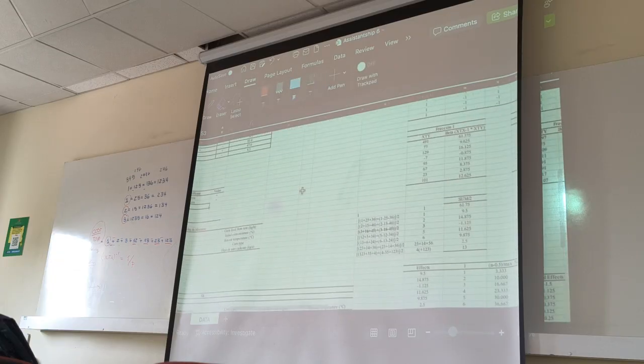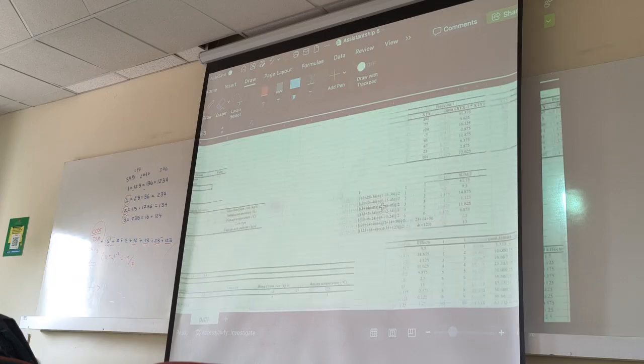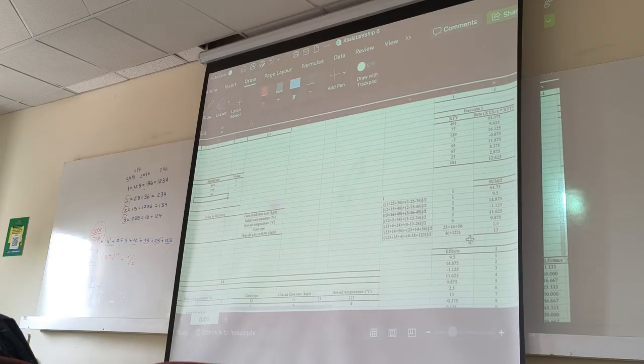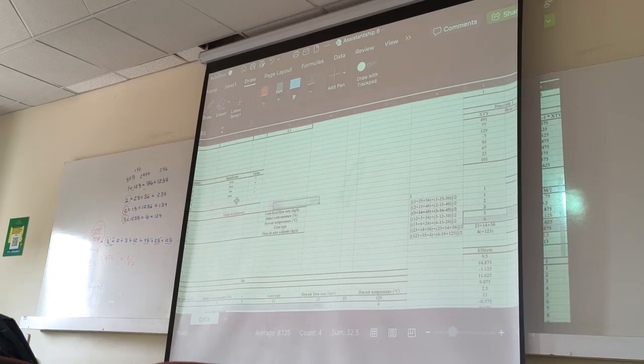The third one is not significant and is negative. And this is significant and is positive. The 5 and 6 are significant and positive.